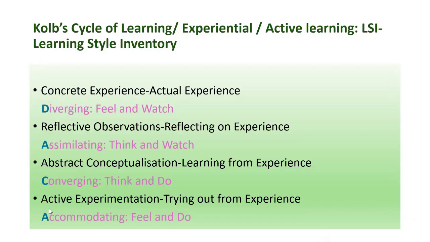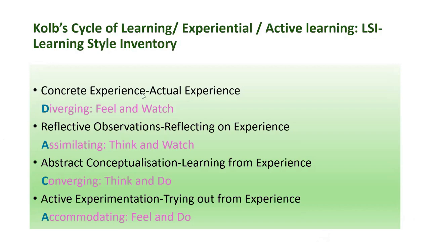And then we go for active experimentation. Active experimentation means trying out from experience. So whatever we have learned, based on that, we go for active experimentation. Actually, in between, there are certain stages. Look at it.